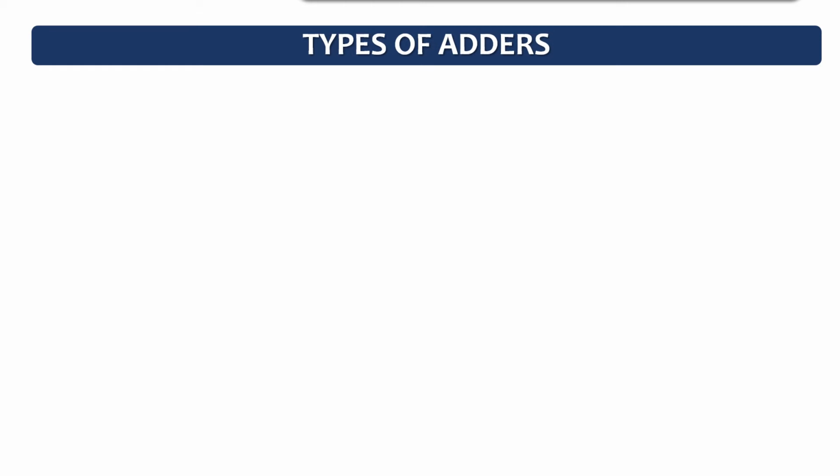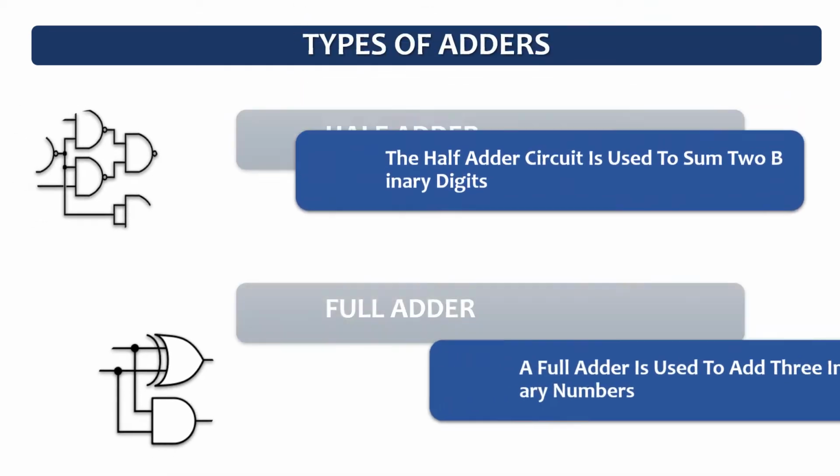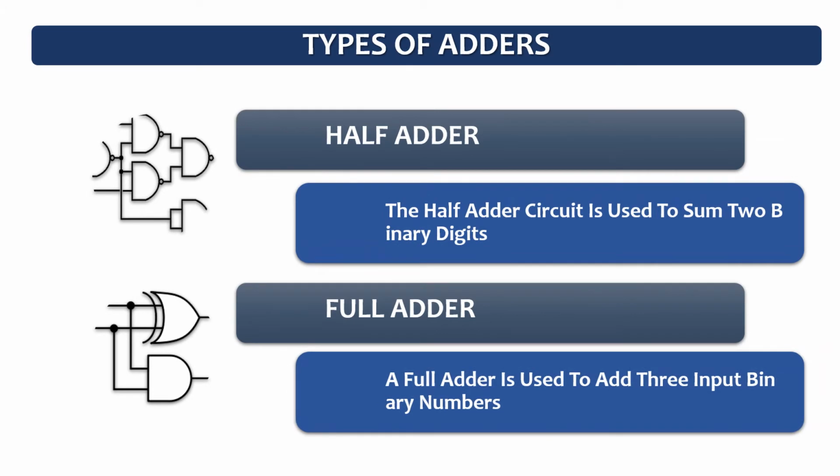Okay, now let's see types of adder. On the screen, there are two types of adders. First is a half adder and second is a full adder. The half adder circuit is used to sum two binary digits and the full adder is used to add 3 input binary numbers. How to perform the addition operation, all that we will see in the next slide.